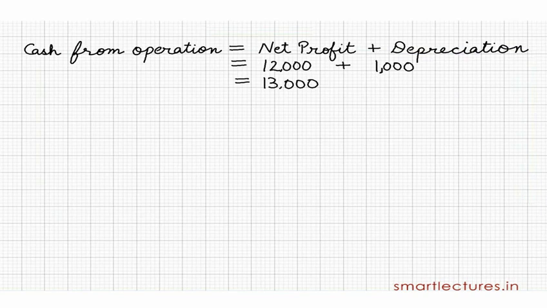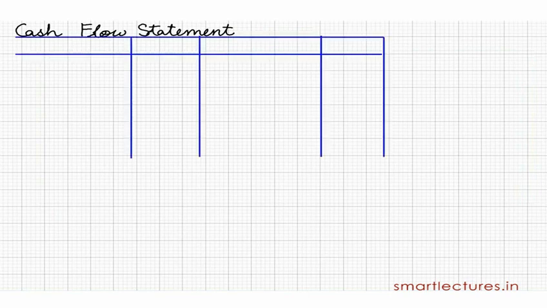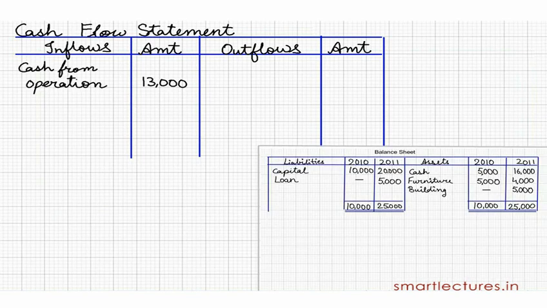Now let's prepare the cash flow statement. The cash flow statement is prepared in T shape, just like a ledger or your balance sheet. On the left hand side, write down inflows, and on the right hand side, please write down outflows. And the second column is amount. Now on the inflow side, the first item is cash from operation, that is 13,000.